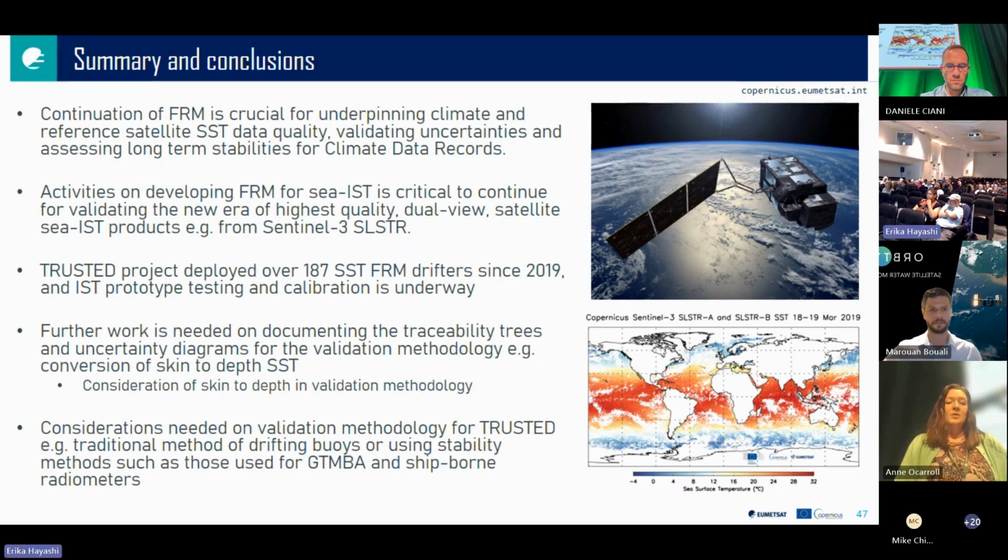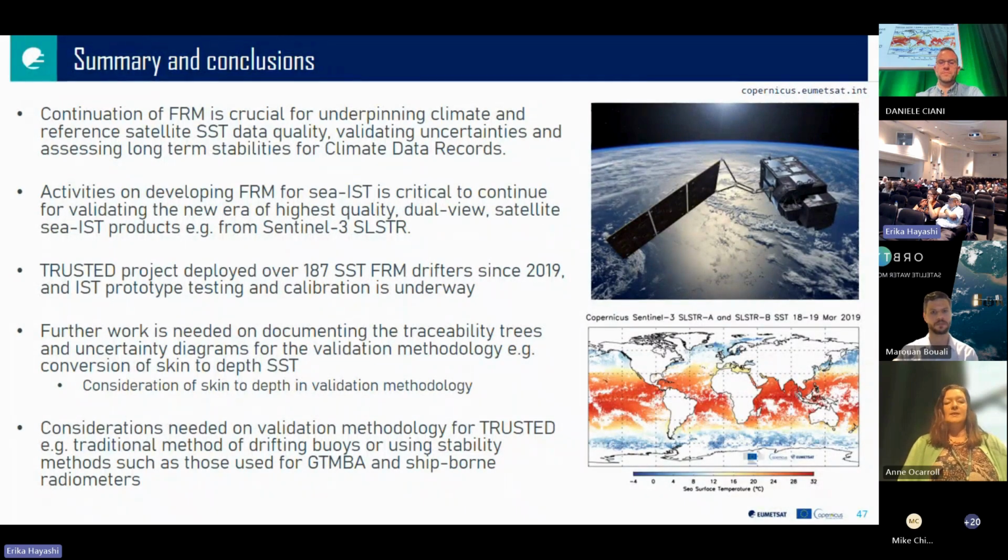In the Trusted project, we've so far deployed over 187 SST drifters since 2019, and we're currently testing and calibrating the IST prototype buoy.